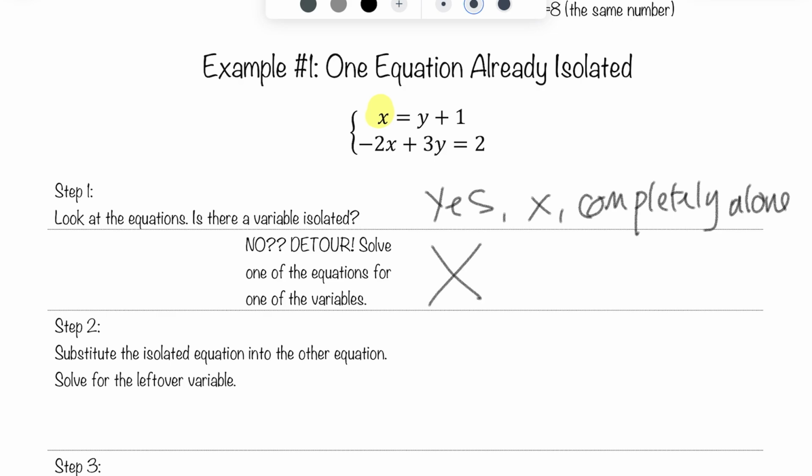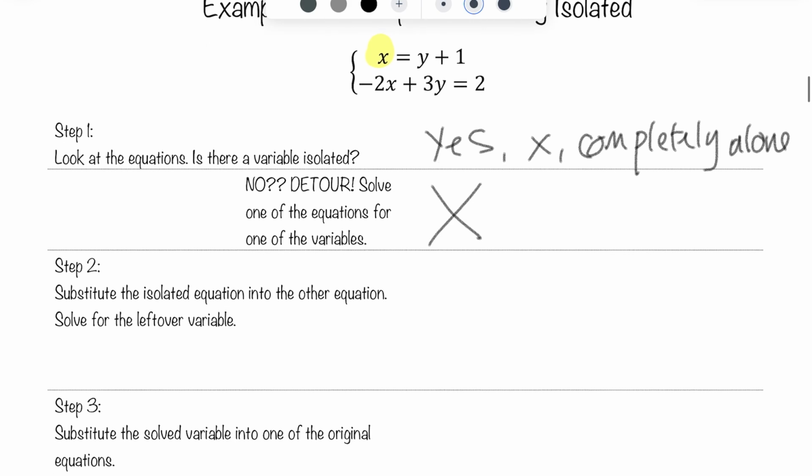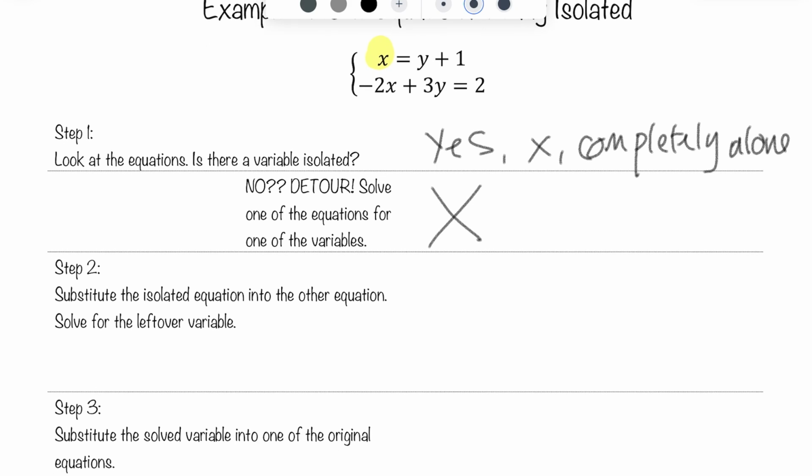So my second step is I'm going to take my variable that's isolated and plug it into my other equation. I'm substituting it in. That's where this name comes from. So I'm going to rewrite this here. I've got x equals y plus 1 and -2x plus 3y equals 2.